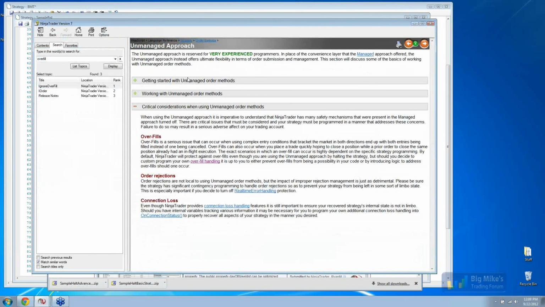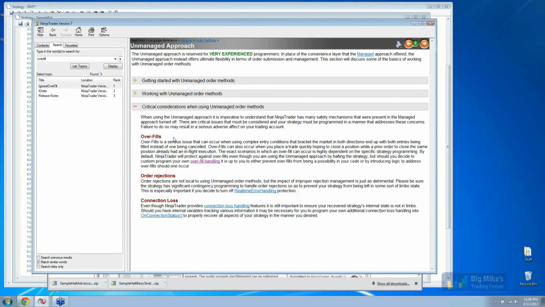So if you come to this page called Unmanaged Approach, there's a section called Overfills here, which discusses a little bit about it. In terms of how you can handle your overfills or try and prevent overfills, the best way to do that is to make sure that your trades are already closed before going into another trade.